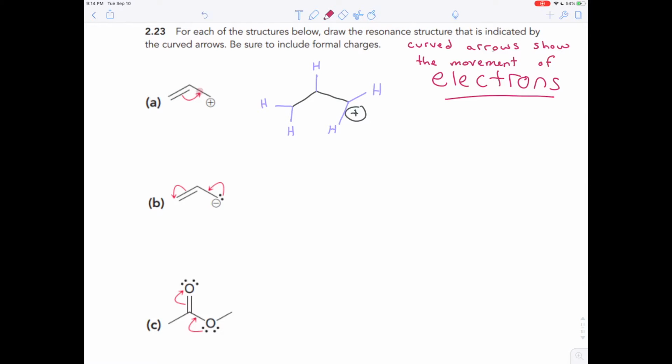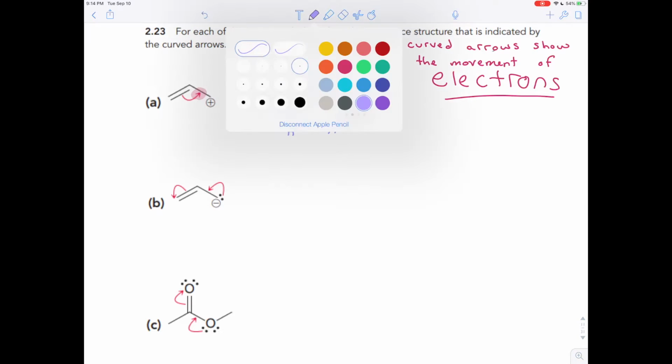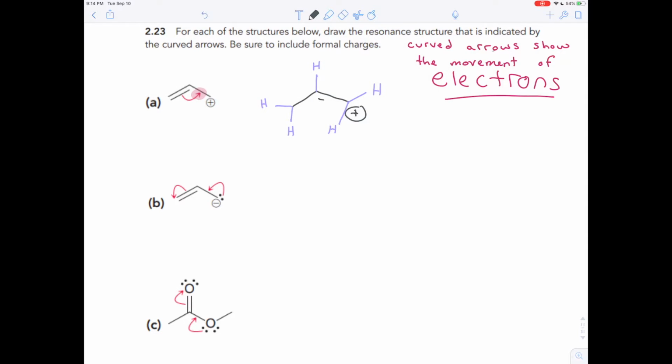Any place where the head of the curved arrow points, that's where the electrons are going, and so you form, or you move the electrons there. And so if the arrow points at a bond, then you form a bond. If it points at an atom, then you form a lone pair. And so that's how the electrons move here.